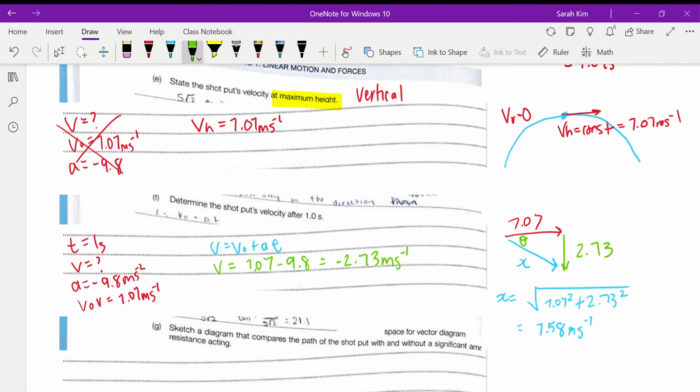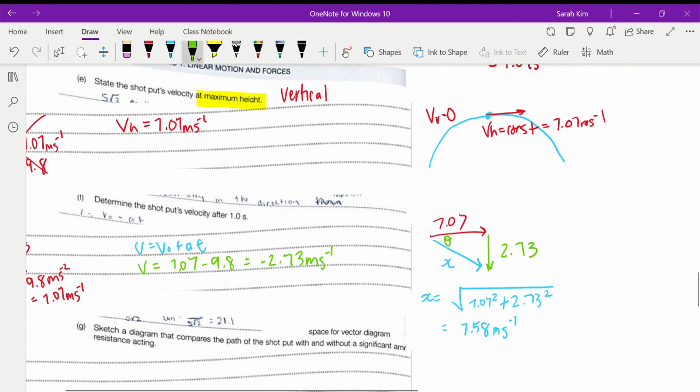Remember, that's still a part of it. Just use tan theta, opposite over adjacent. So my theta should just be the inverse of that, which is 21.1 degrees.